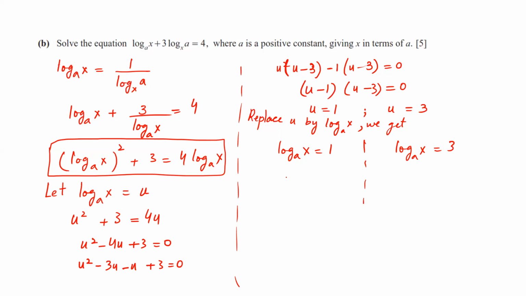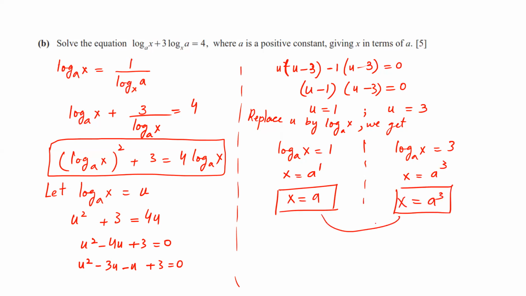So, taking the exponent on both sides, it becomes x equals a power 1, and x equals a power 3. So this is our answer. So x equals a is one answer and x equals a cube is the other answer. So these two are our answers to this question, the values of x in terms of a.